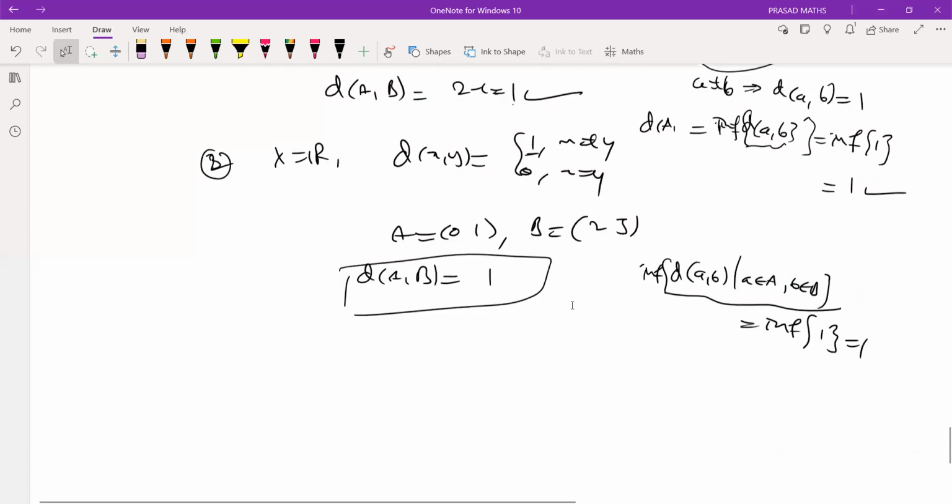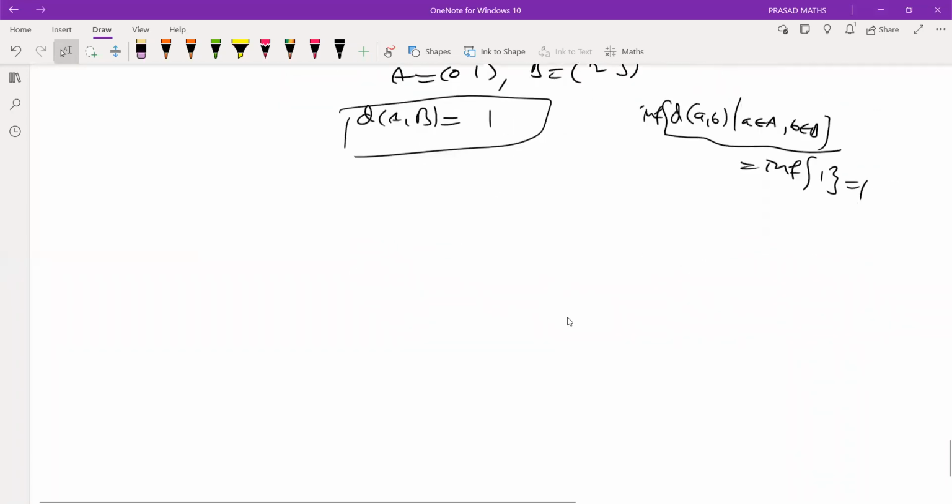Okay, the next property: you take any subsets A and B of a metric space.